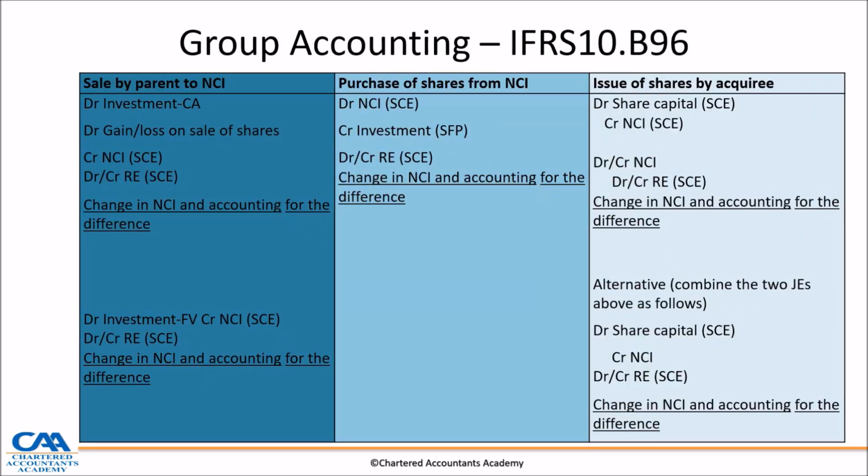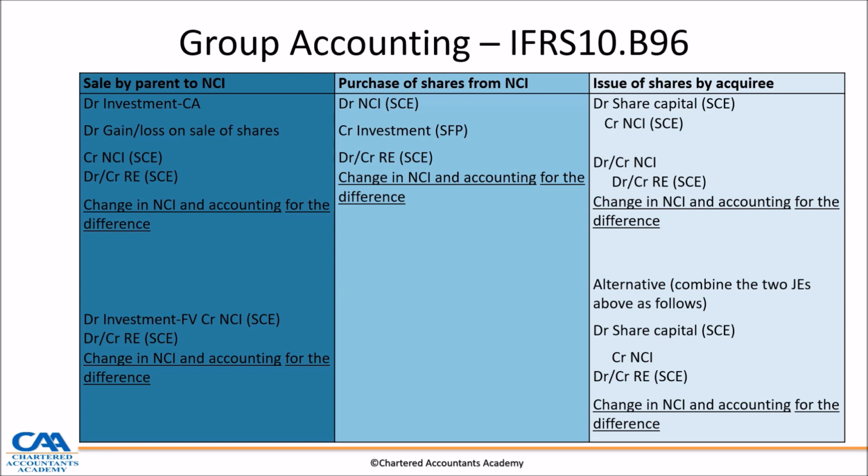Now let's look at the impact in the group accounting from B96. So, a sale by the parent to NCI. Let's understand what happens. First of all, if we sell to NCI, NCI is the one increasing. So credit NCI. But then we've received bank. Remember, in the separate books, the parent has already received bank and debited bank and created an investment and made a gain.